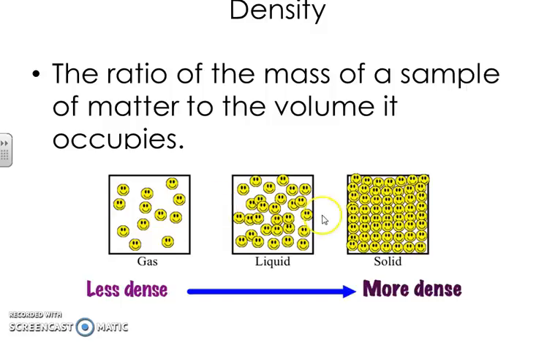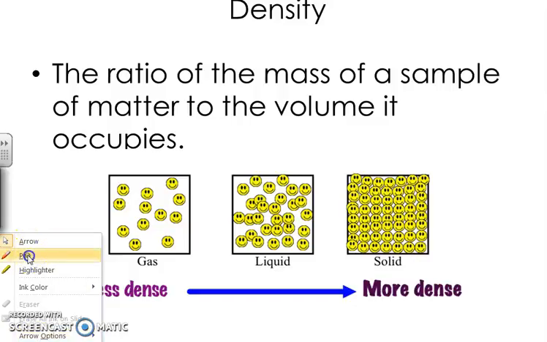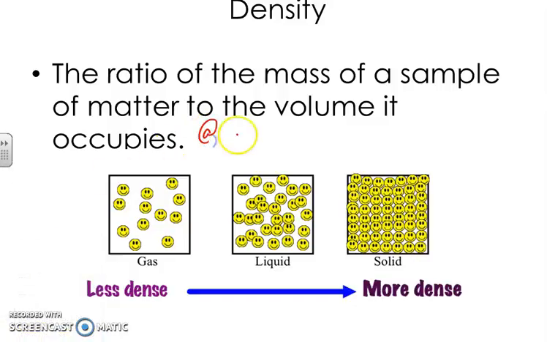When we look at, for instance, our states of matter, we have gases, liquids, and solids. Solids are much more dense than gases, and liquids are intermediate between the two. But at a given temperature, and that's important to say, temperature of course affects what state it's in.